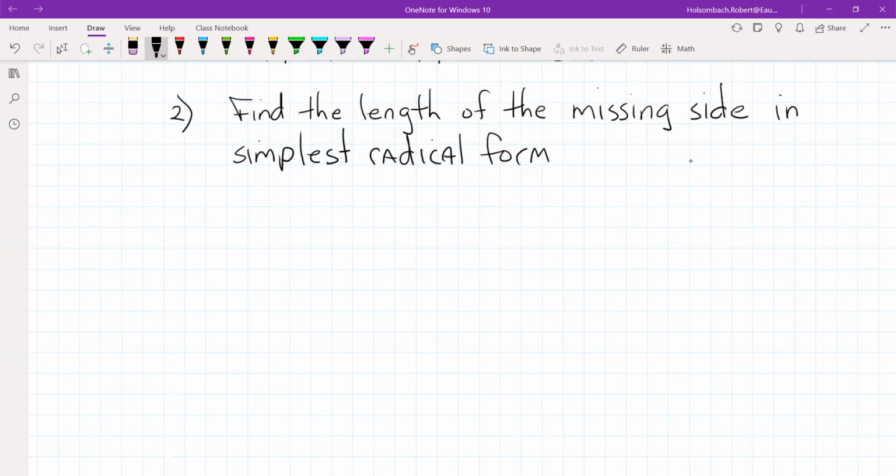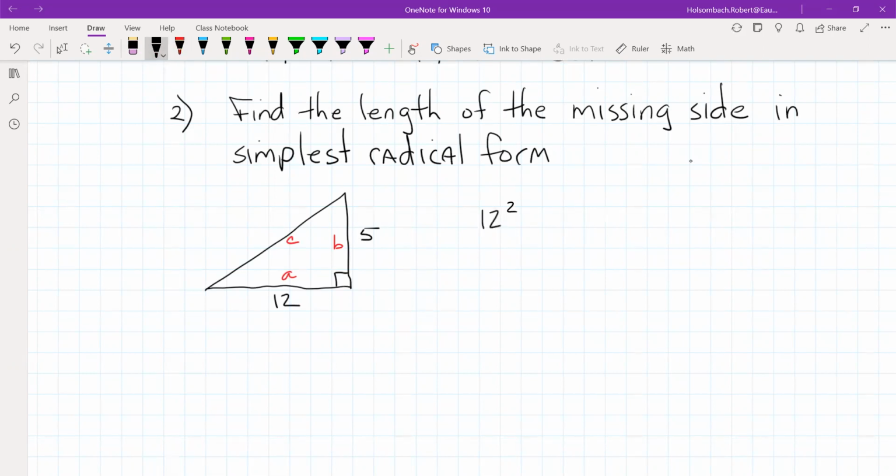And here's our triangle. So I'm going to label these sides. The two sides that form the 90 are A and B. We're looking for the hypotenuse, side C.